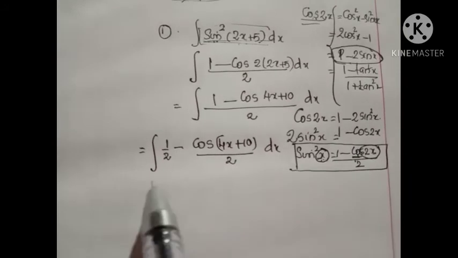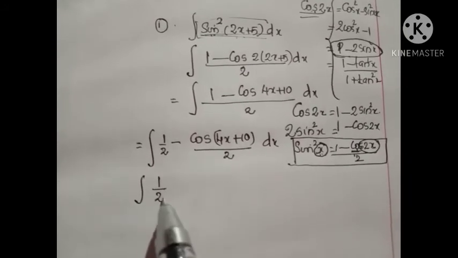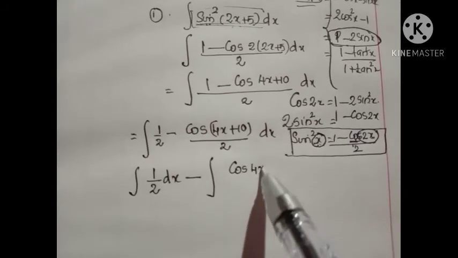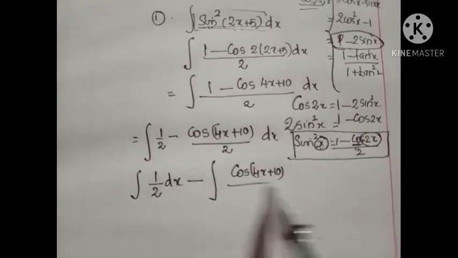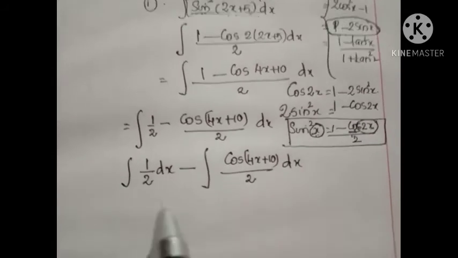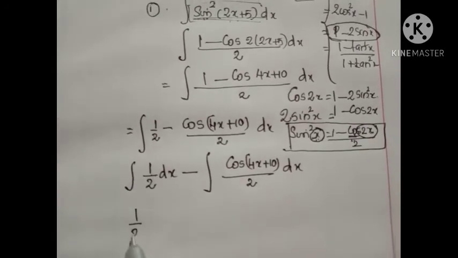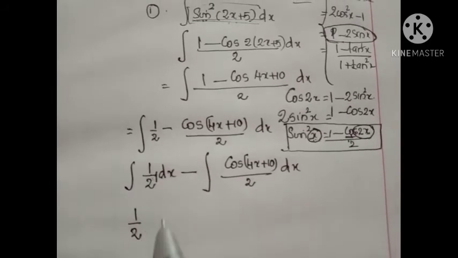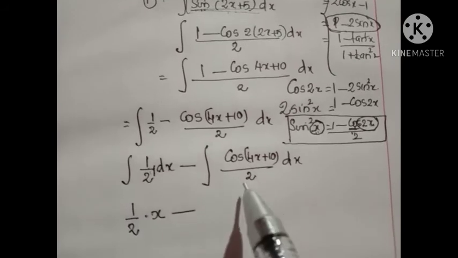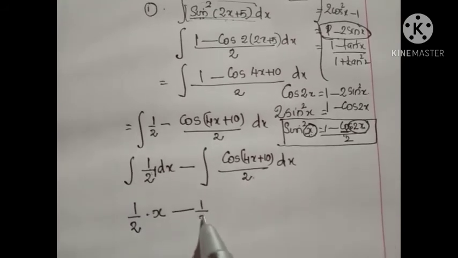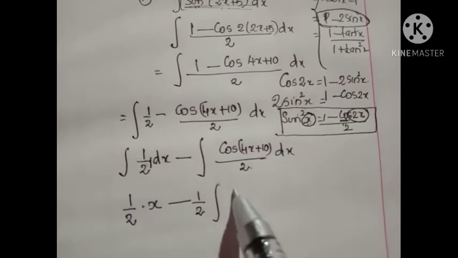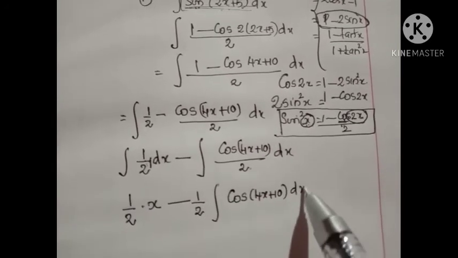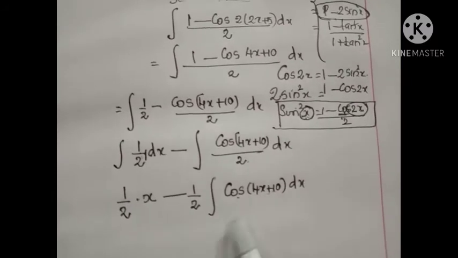Separating the terms: half dx minus integral of cos (4x plus 10) by 2 dx. Half is constant, so take it outside: half into integral 1 dx. Integral of 1 is x. Minus, here 1 by 2 is constant, so take it outside: 1 by 2 into cos (4x plus 10) dx. Now find the integral of this one.